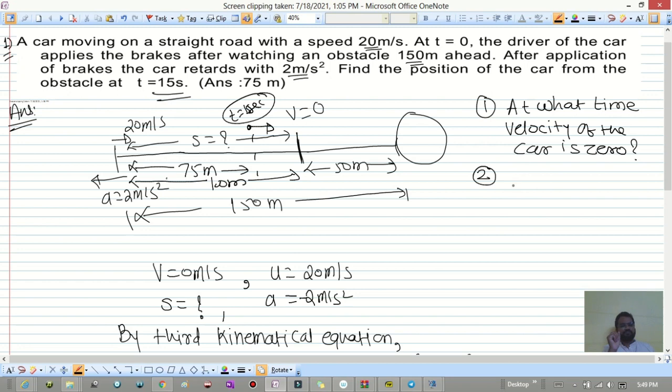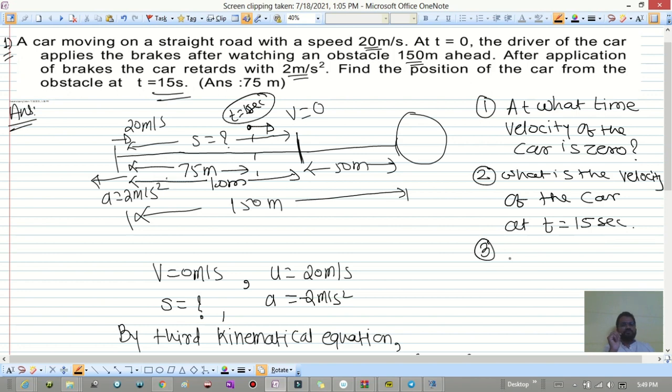Second, what is the velocity of the car at t equals 15 seconds?